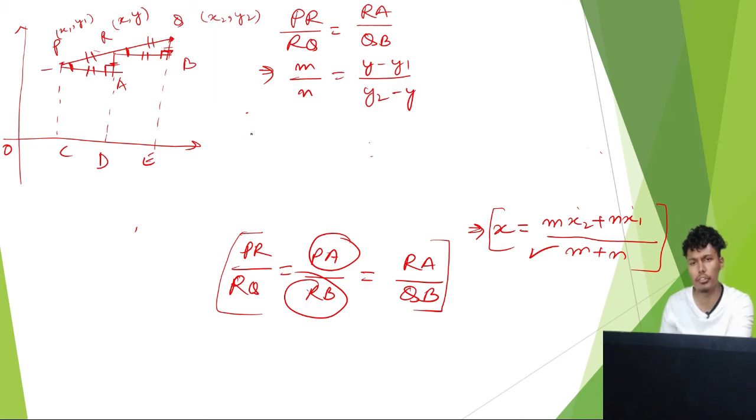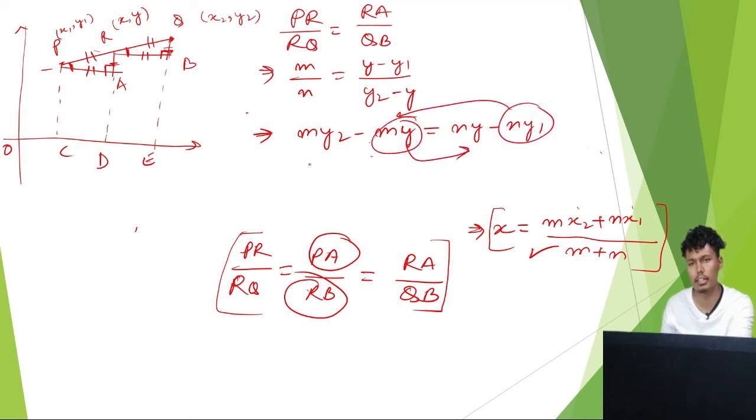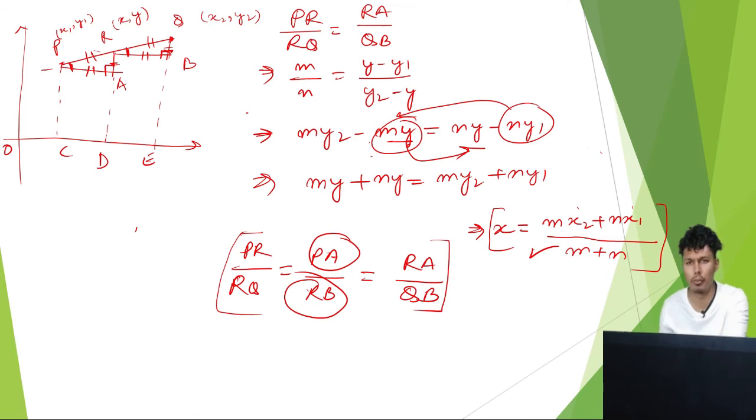Do the cross multiplication. Cross multiplication will be my2 minus my equals ny minus ny1. Shift this one to this side and this one to that side, and write my plus ny on one side, and my2 plus ny1 on the other.